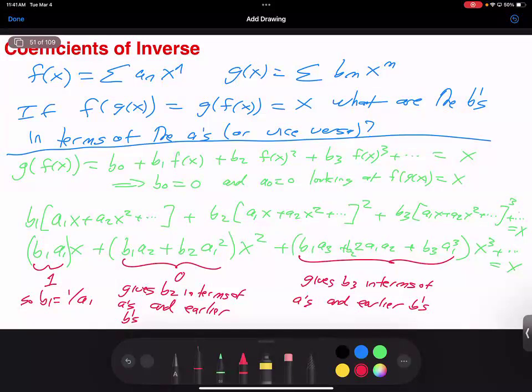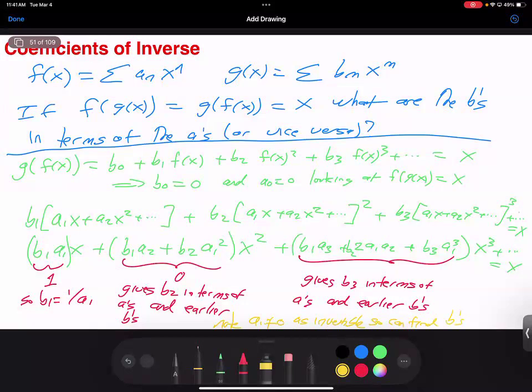If you think about it, if you start off with a function like x squared or x cubed or x to the fourth, it shouldn't be a nice one-to-one function. And because the coefficients of b2, b3, etc., are just powers of a1, you're okay. So note a1 not equal to 0 means invertible, so we can find the b's.